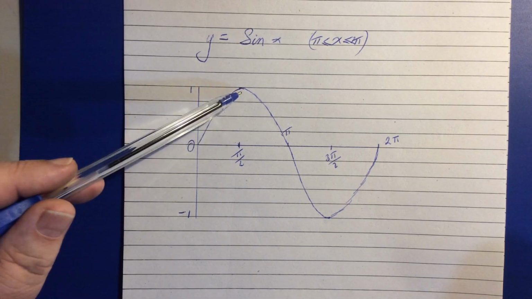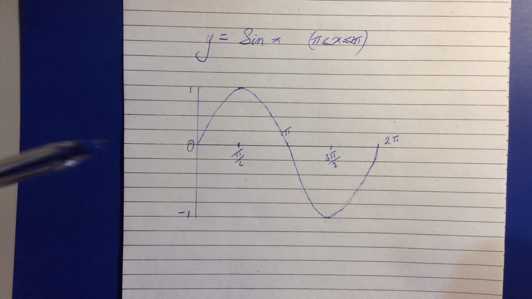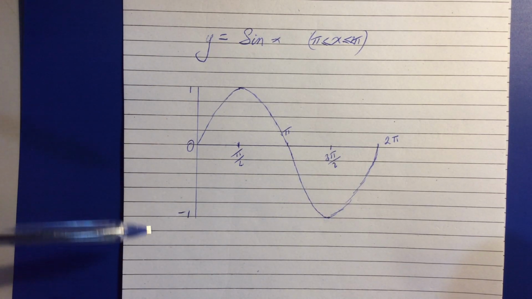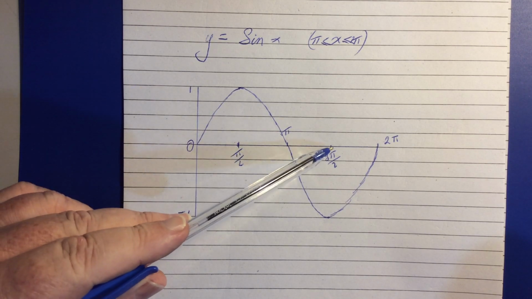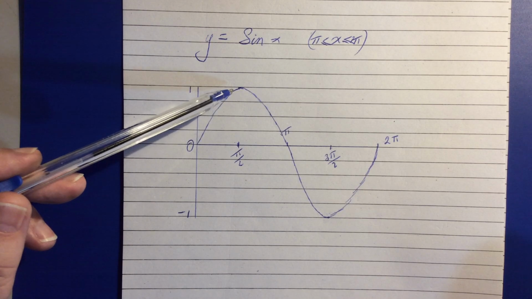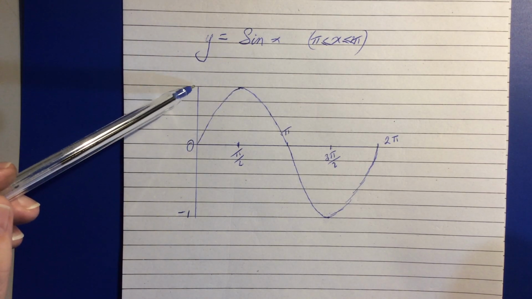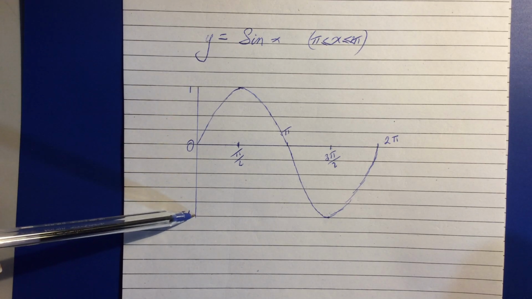That's the distance between here and here, or here and here, because amplitude is something that has magnitude, so it's not negative. So the range of this function here is between 1 and -1.